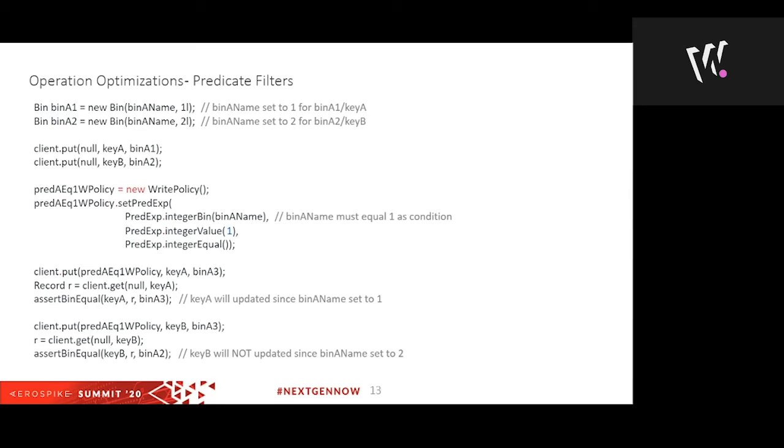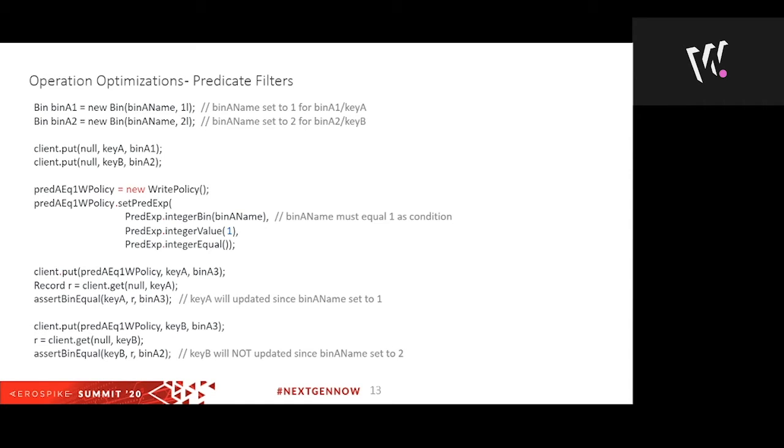So let's go ahead and look at an example. This is actually a snippet pulled from the Java client library tests, so it doesn't include all of the initialization. I just want to show how the main flow of the logic works in terms of using these predicate filters. In the middle here, we define a write policy: policy equals new WritePolicy.